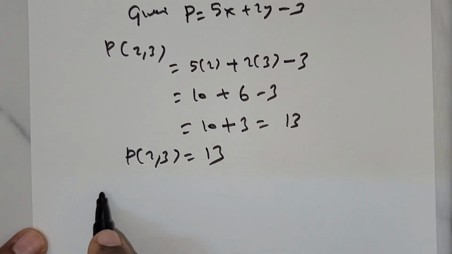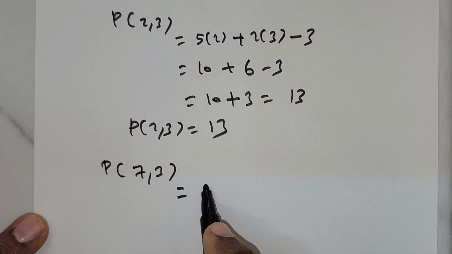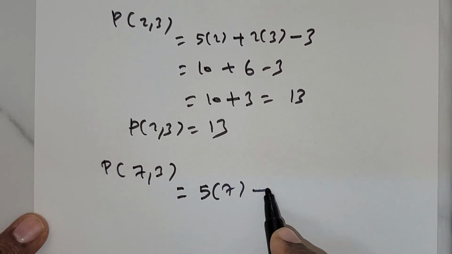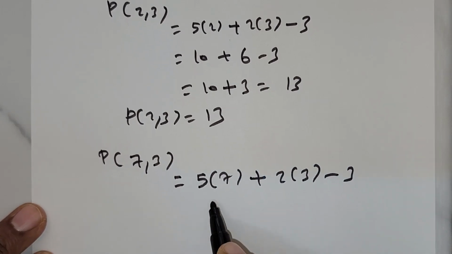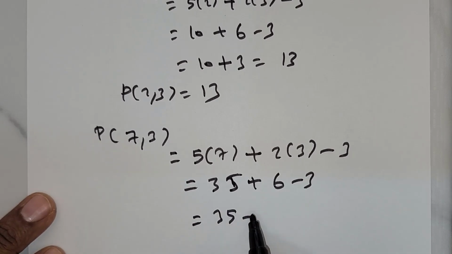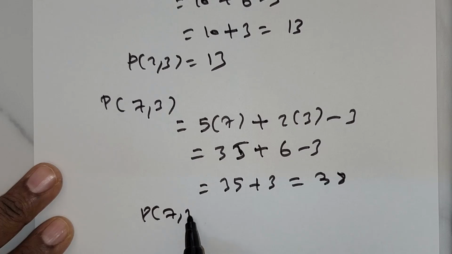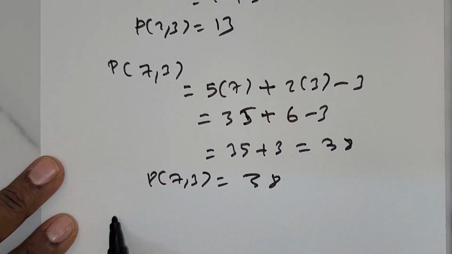Okay, so now we have to find P of 7 comma 3. So this is nothing but 5 of 7 positive 2 of 3 negative 3, which is 35. 3 times 2 is 6, negative 3. This is 35 positive 3 is equal to 38. So P of 7 comma 3 is giving us 38.